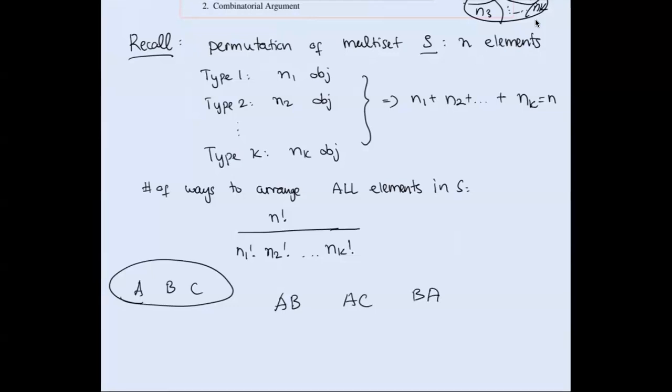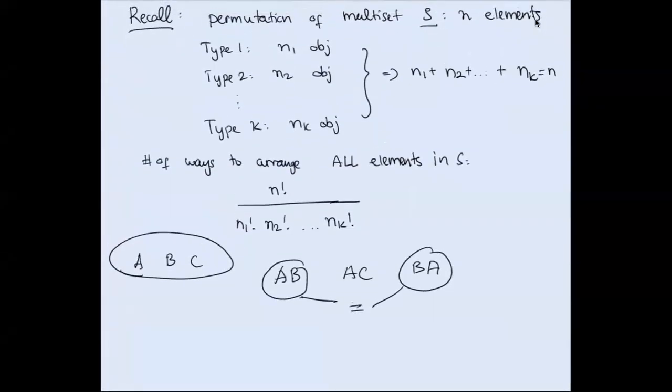But combination means that the order doesn't matter. So if you get AB or you get BA, we call it the same because we have the same combination. It just means the order doesn't matter.